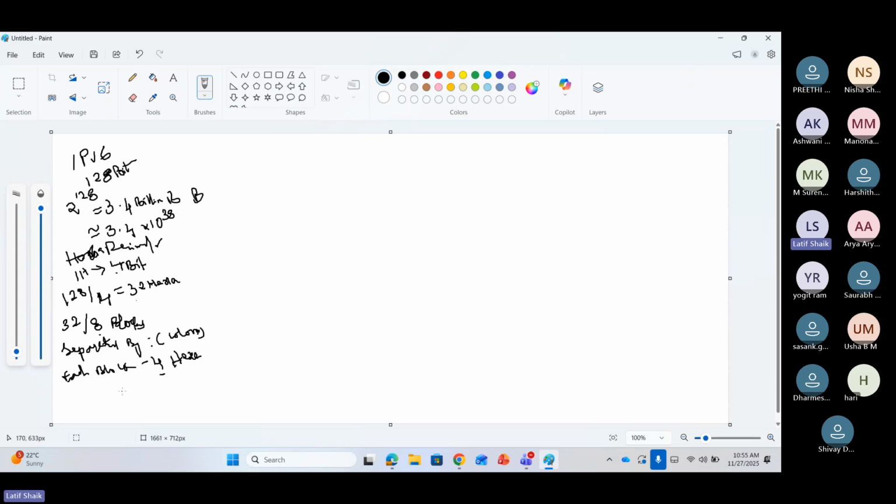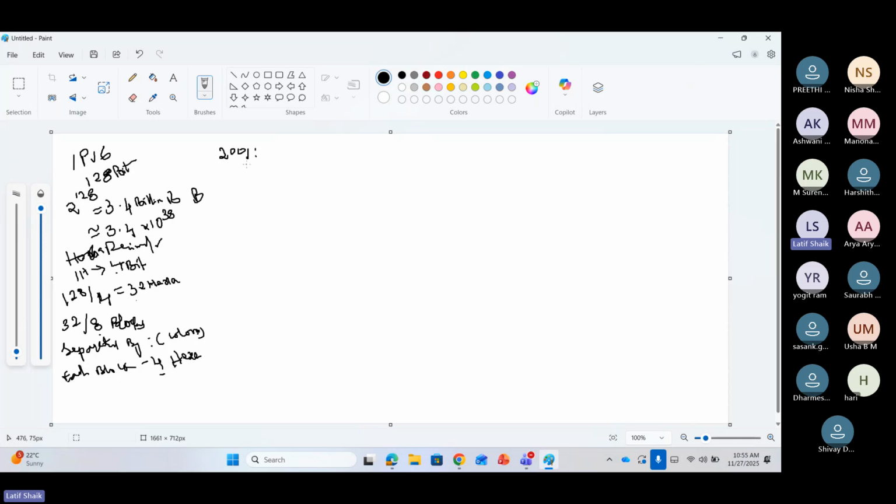You can write an example of an IPv6 address, maybe like 2001 colon.